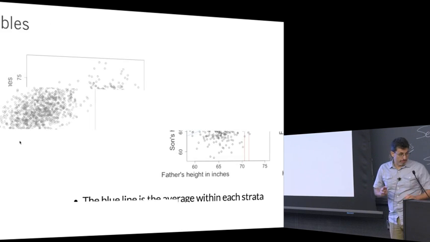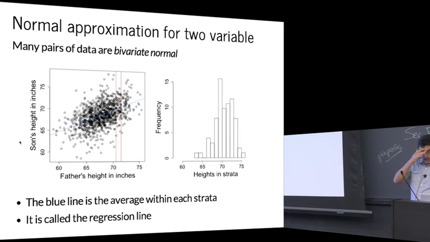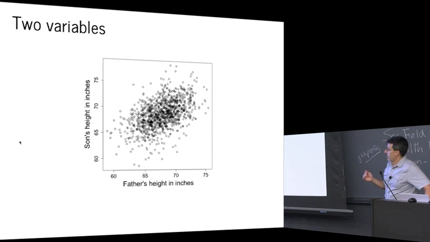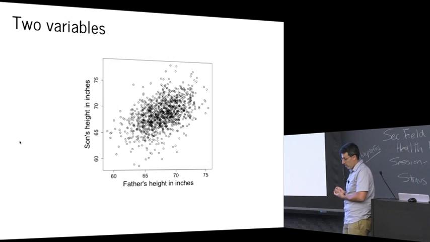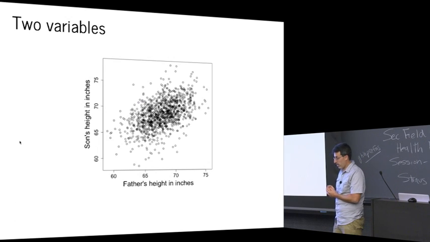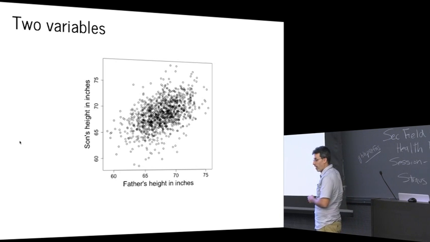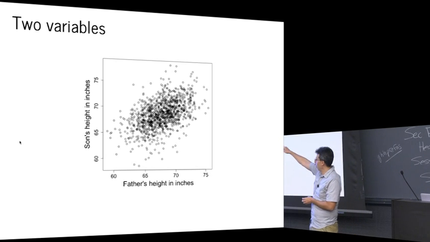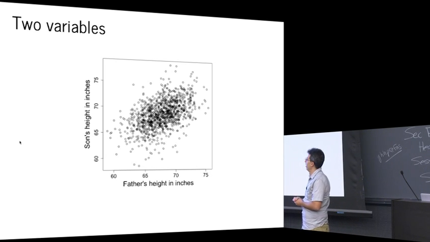Okay, so let's say I ask you to predict the height of a randomly selected son. I tell you, behind that door, there's one of those people, one of those sons. How tall is he?